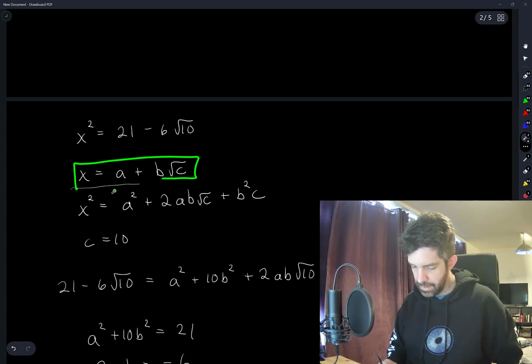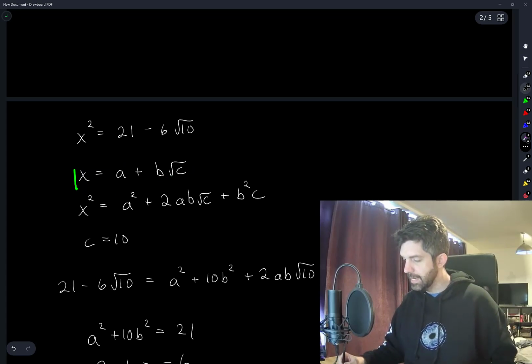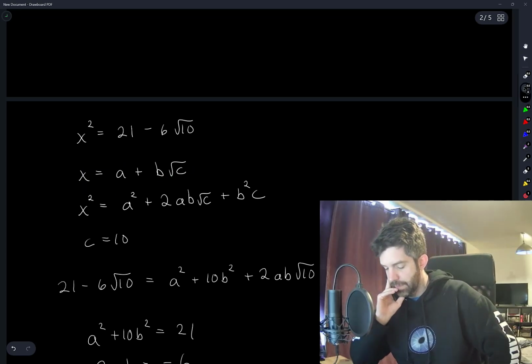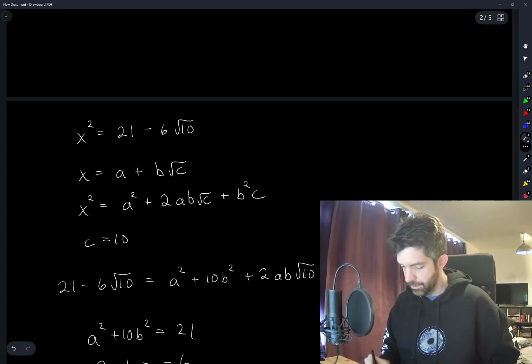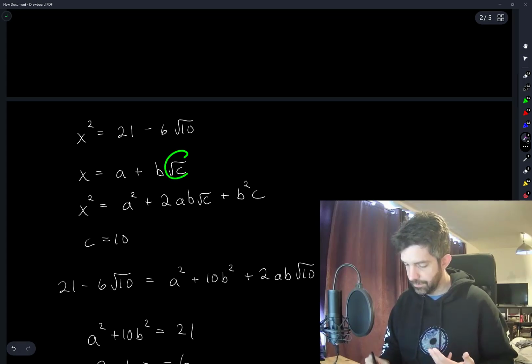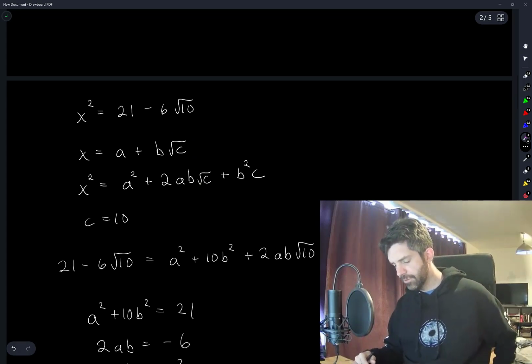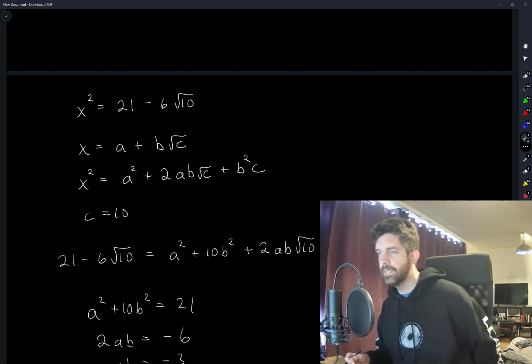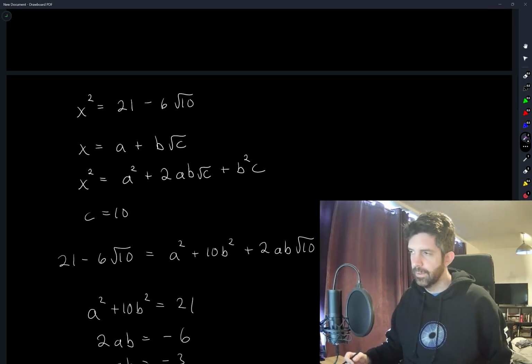I expected to be able to solve for values of a and b that were both real numbers, so that x would still have a root 10 in it. And that didn't turn out to be the case, right? X has a root 15 and a root 6.